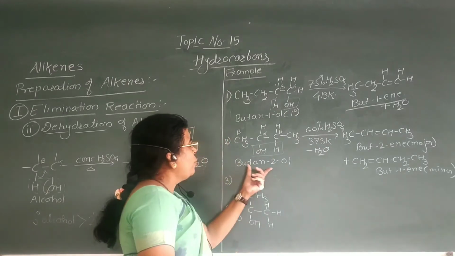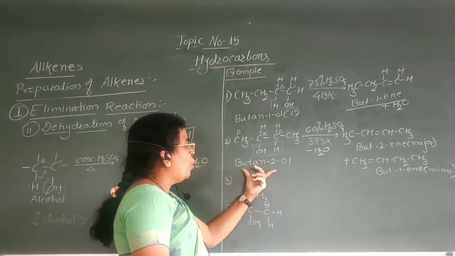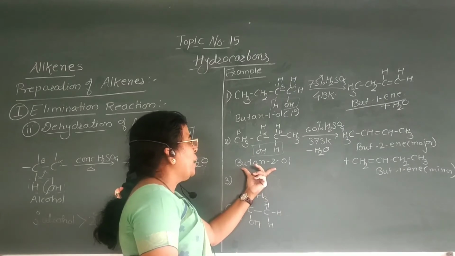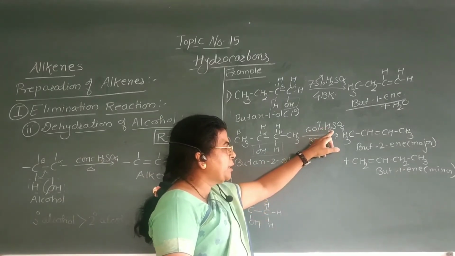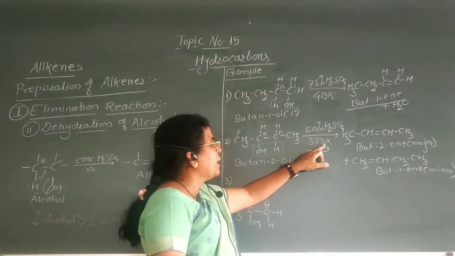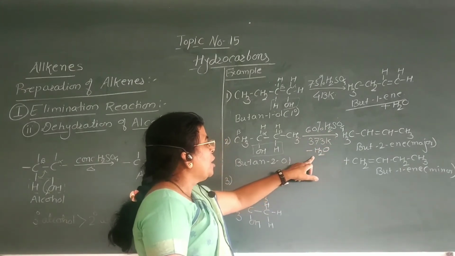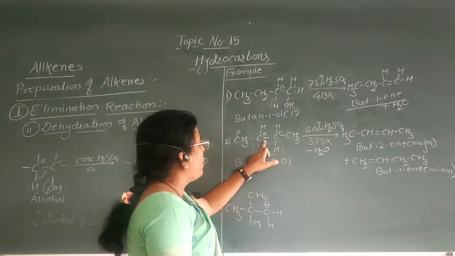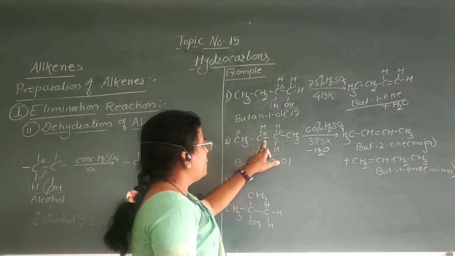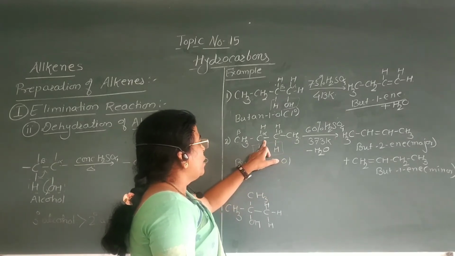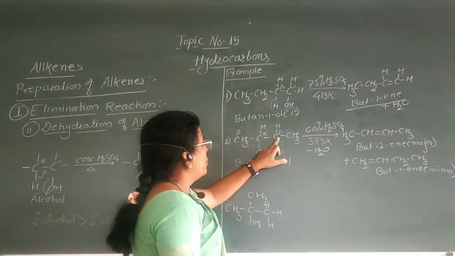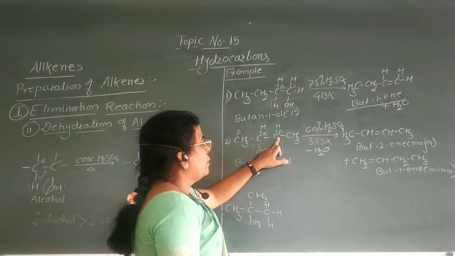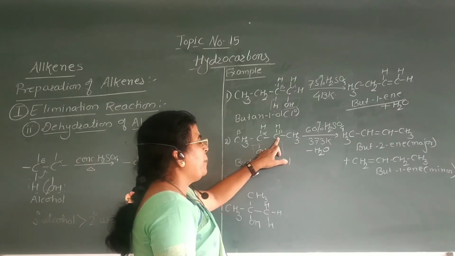That is, when butan-2-ol undergoes dehydration in presence of 60% H2SO4 and at 373 Kelvin temperature, removal of H2O takes place from alpha beta carbon atoms. Now here there are 2 beta carbon atoms, therefore the possibility of 2 products may be formed.